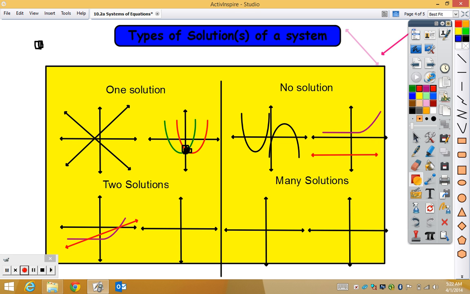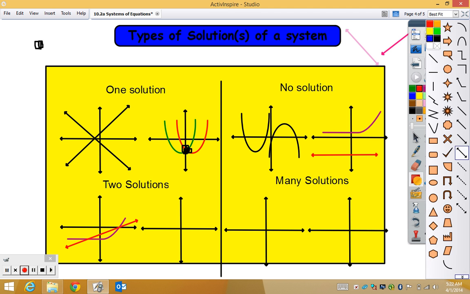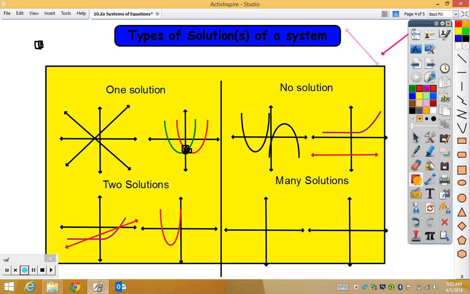And the linear intersects it twice, so we have two solutions. Or we can have two parabolas. So let's draw another parabola, like so, and then we can draw another one. And those intersect twice. We have two intersection points.